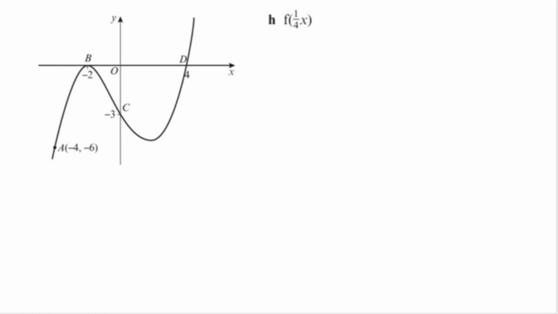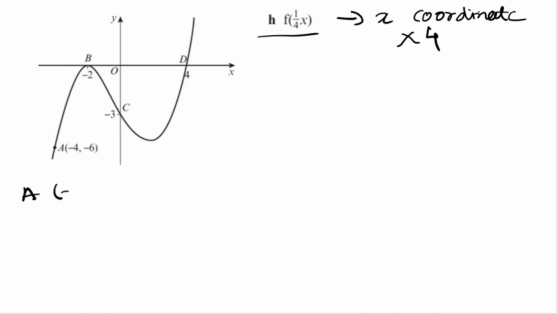Next question: the same graph is there but it is transformed, h equals f of 1 over 4 x. As 1 over 4 is inside the bracket, we have to do the opposite to 4. So each x coordinate will be multiplied by 4. Okay, let's see.